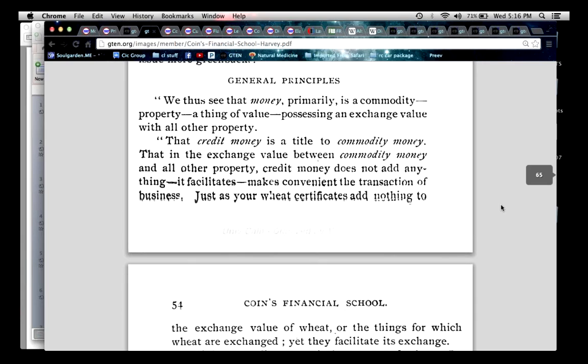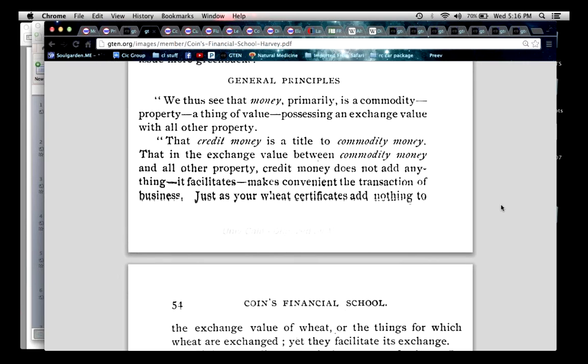We thus see that money primarily is a commodity, property, a thing of value, possessing an exchange value with all other property. That credit money is a title to the commodity money. That in the exchange value between commodity money and all other property, credit money does not add anything. It facilitates, makes convenient the transaction of business.